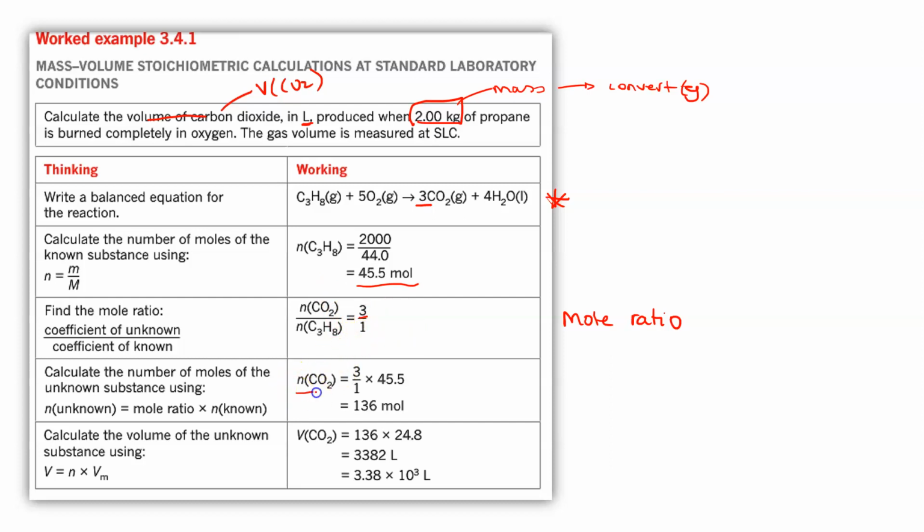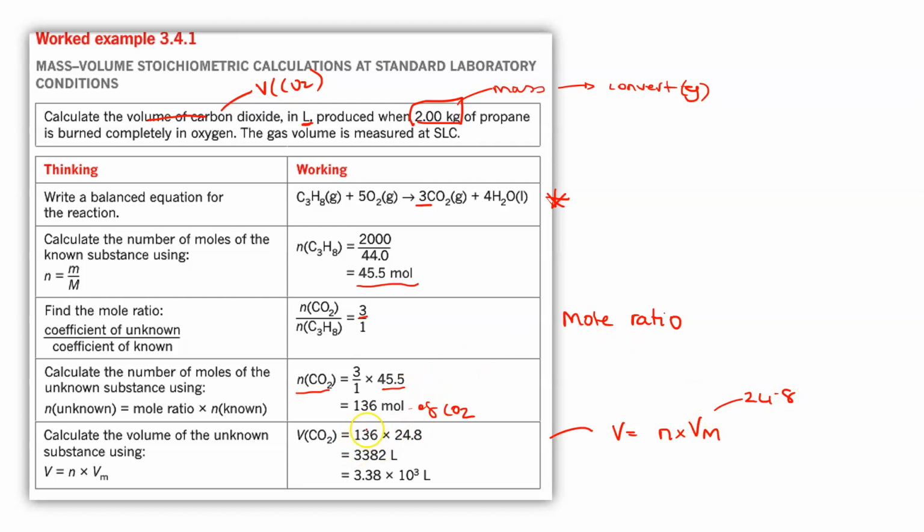So to find the number of mole of CO2, we're going to multiply by that ratio times the number of mole of propane, which gives us 136 mole of carbon dioxide. Now we've been asked to find the volume. This time, because it's SLC, we can use the volume is equal to n times Vm, where Vm is going to be 24.8 from our data booklet.